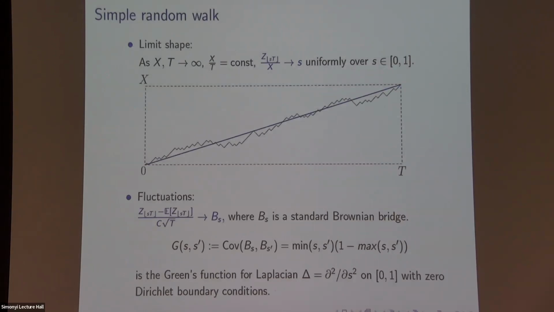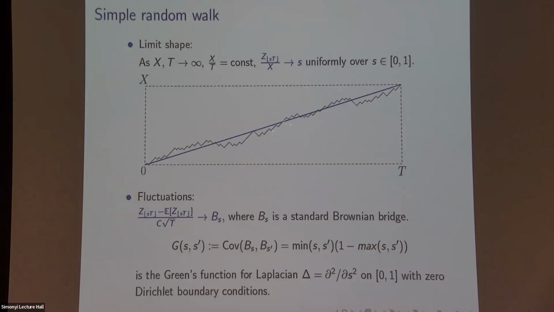Before we do this, let us consider a toy example where the limit shape and fluctuation scaling limit results are known. Let us think about a simple random walk which starts at 0 and is forced to end at x. Such a simple random walk I can think of as a uniform measure on up-down paths from one corner of this rectangle to another one, right?